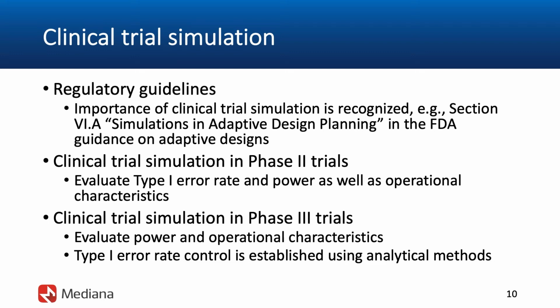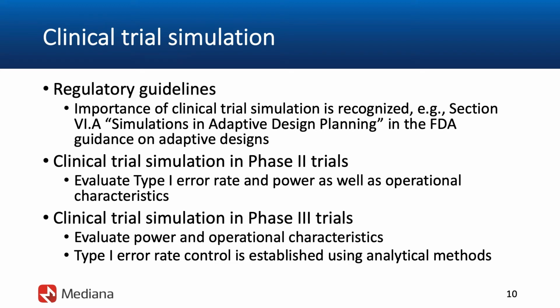All of those key characteristics of an adaptive design could be assessed quantitatively only by utilizing clinical trial simulation, and regulatory agencies fully recognize the importance of clinical trial simulation. When it comes to adaptive trials, as you can see on the slide, there's even a section on simulations in adaptive trial planning in the FDA guidance on adaptive designs.